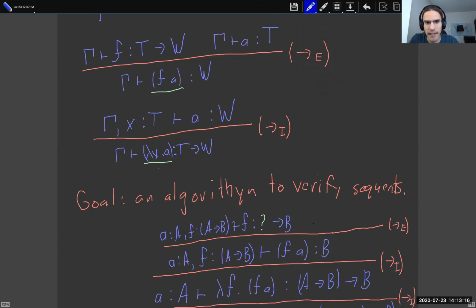And then the second premise is again in this context. Oh, and then that has a T again. So we once again have question marks here.